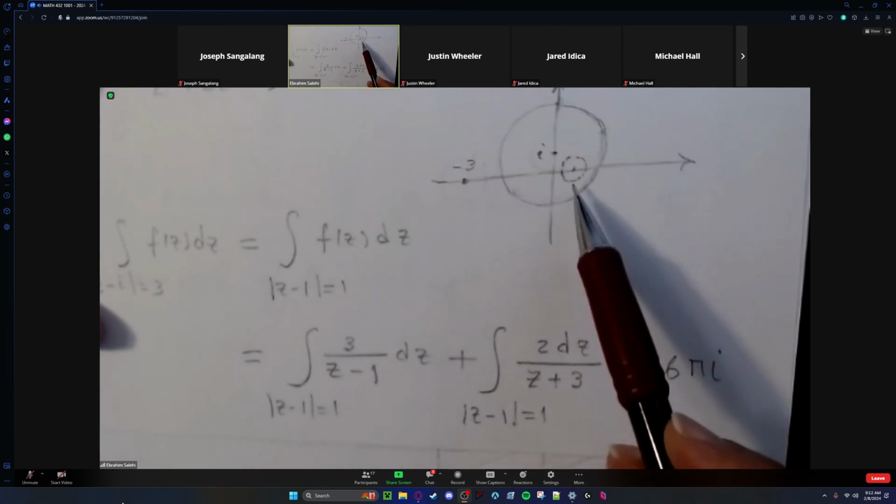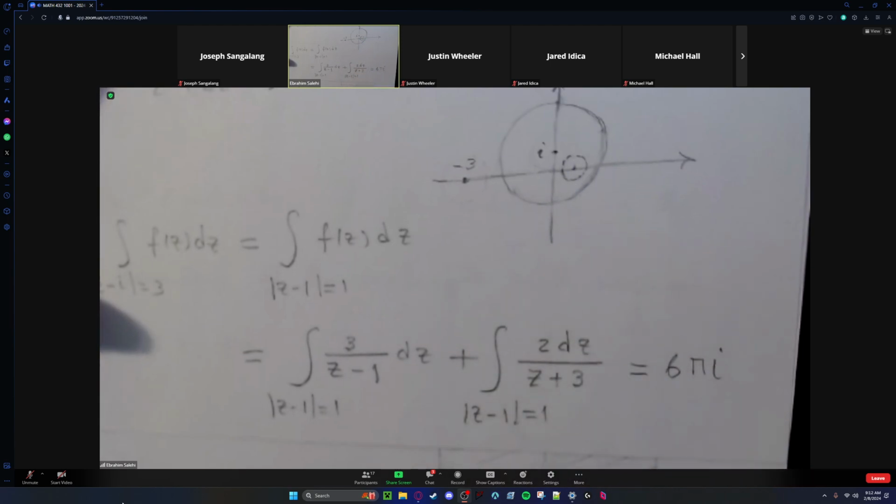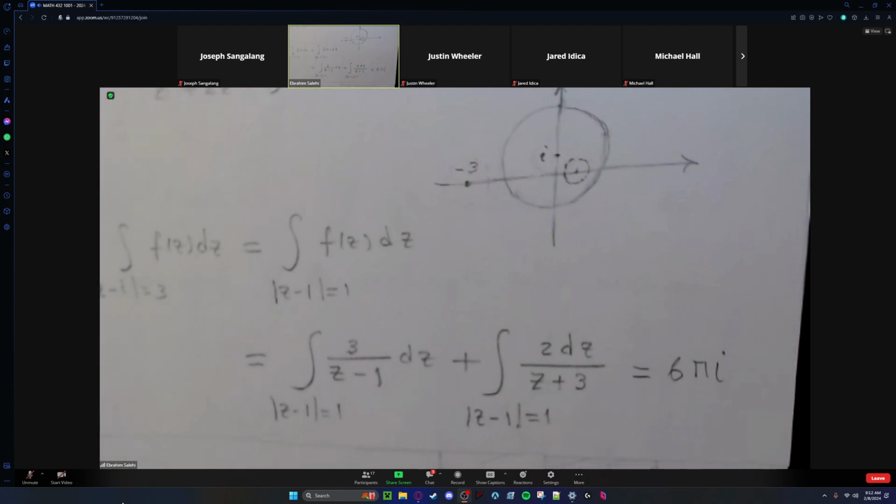But right now I am integrating over this, where the function is analytic. For this one, I'm using Cauchy's theorem, 0. Any sense?